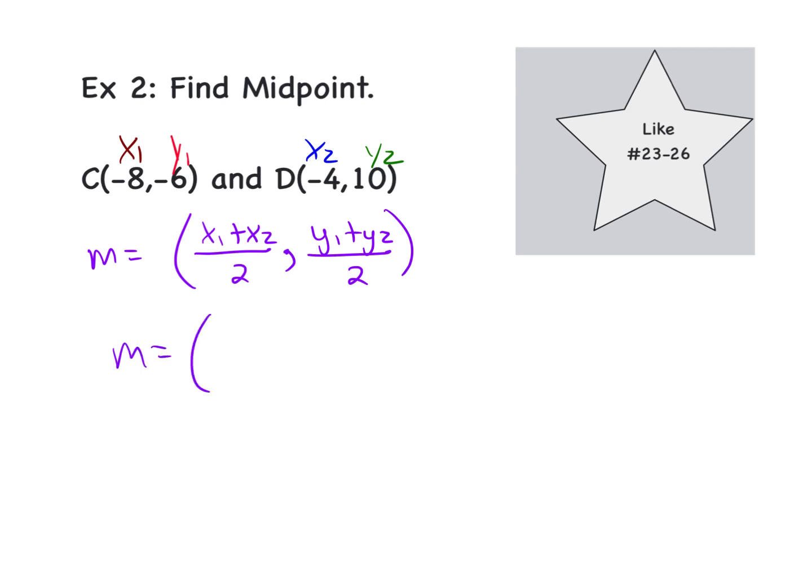So midpoint is equal to, my x1 is the maroon, so I'm going to do -8, plus x2 is -4. Remember, a positive and a negative being multiplied becomes a negative. And then divided by 2, comma. Then my y1 is -6 plus y2 is 10, all divided by 2. I realize I did this in the wrong color, but it's okay.